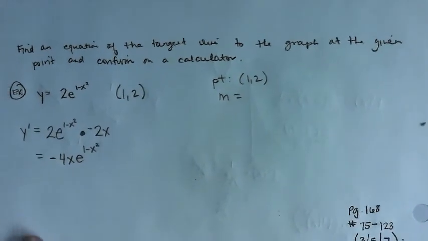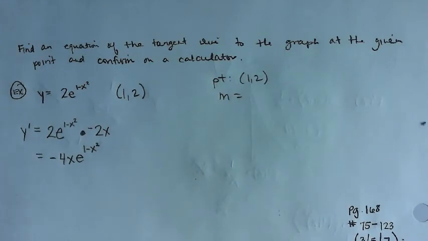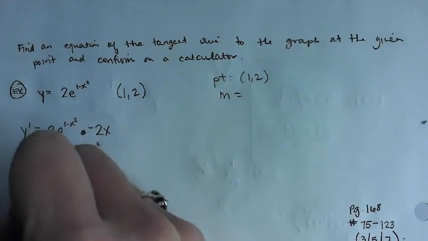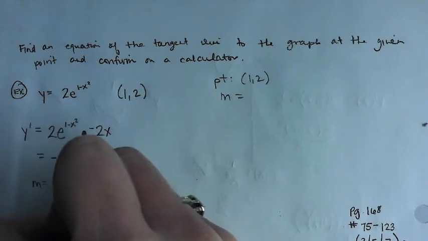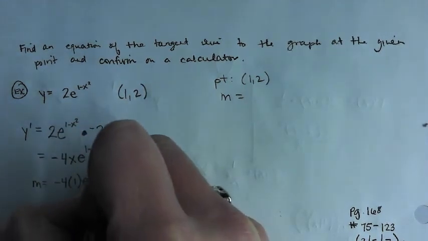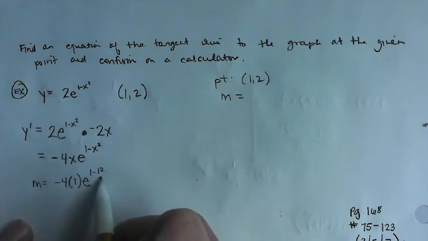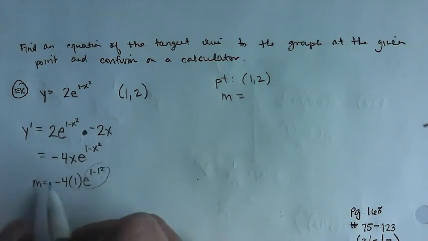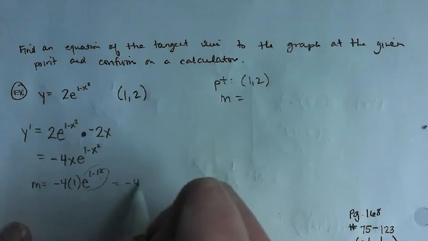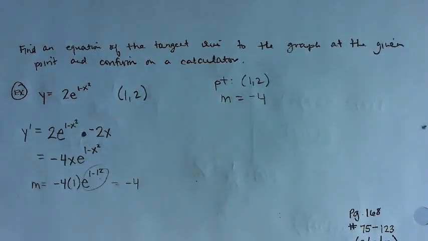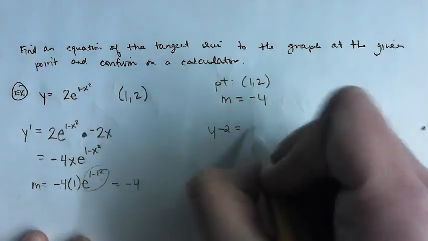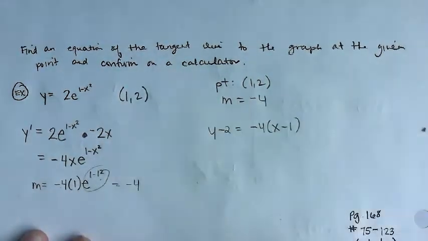So now when we evaluate this at 1, our slope is going to be negative 4 times 1 times e to the 1 minus 1 squared, which is e to the 0 power, which is 1, times negative 4 is negative 4, and then you write the equation of your tangent line. y minus 2 equals negative 4 times x minus 1.